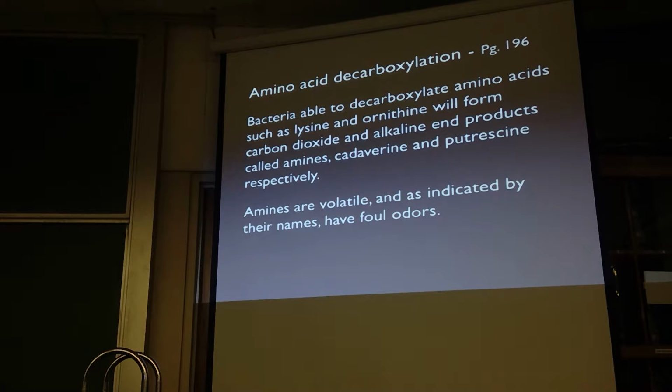You can get an idea of what they smell like by looking at their names. Cadaverine and putrescine are the really bad smell that you associate with decomposing organic material, specifically decomposing protein, because the bacteria take apart the protein and then the individual amino acids. If they can decarboxylate lysine or ornithine, they can produce cadaverine or putrescine.